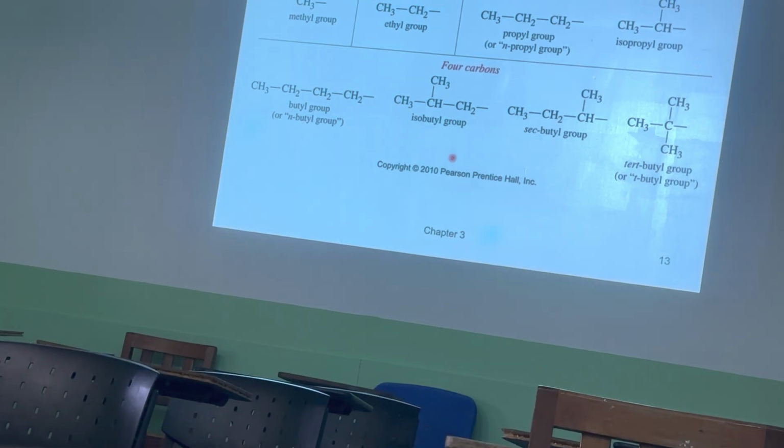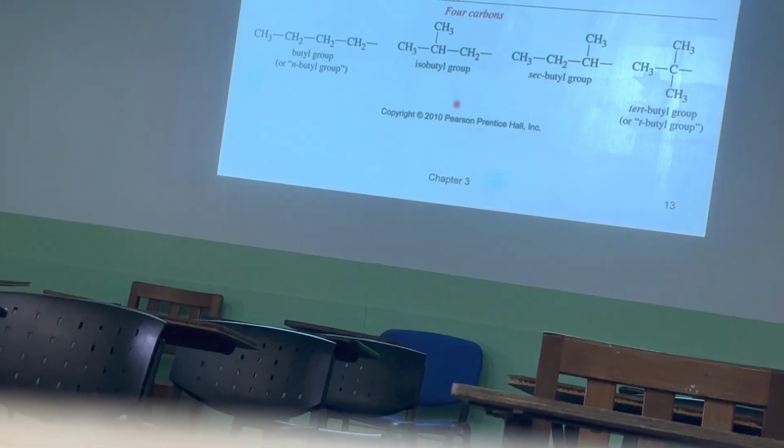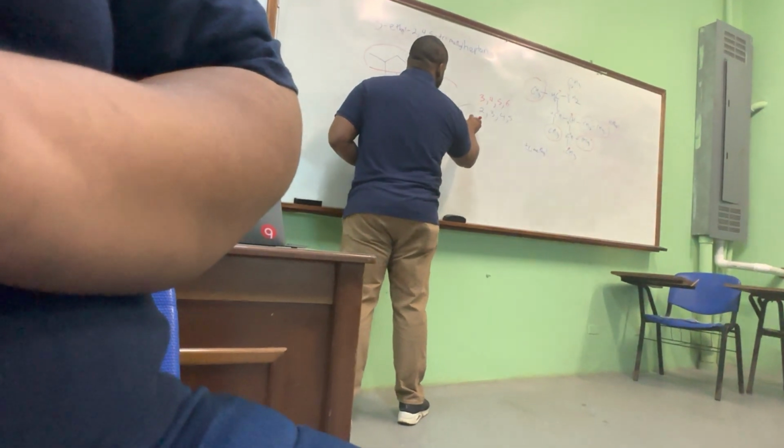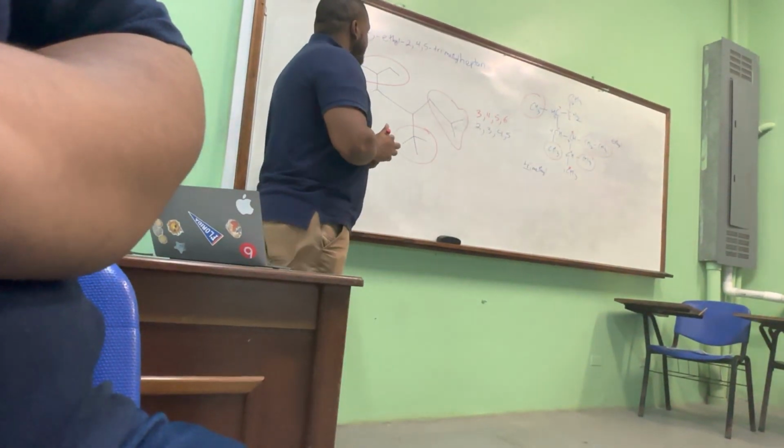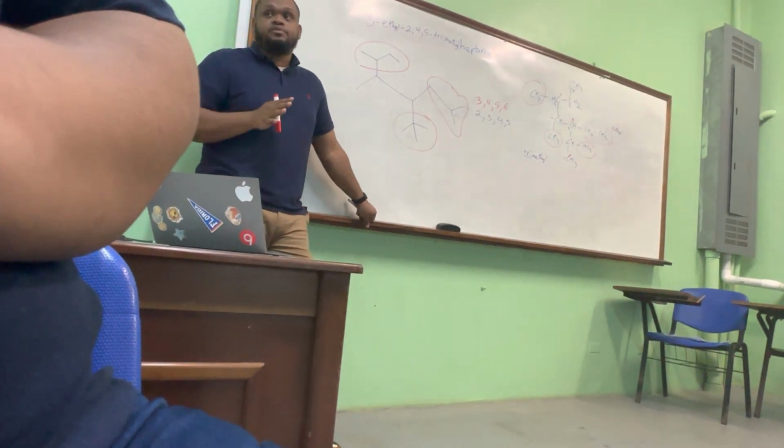So we have 4 different groups that we'll see. This group, and this group. Alright? So these are the 4 different types of isomers of the butyl group.